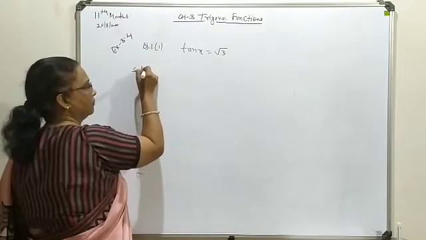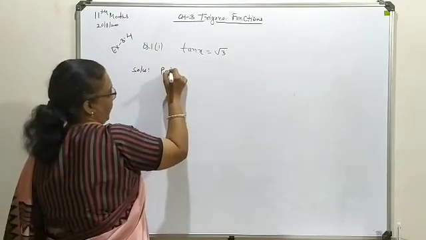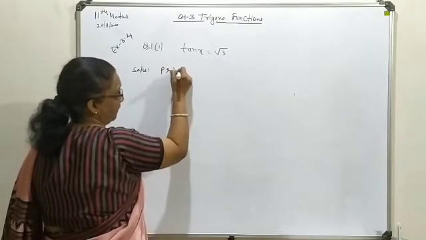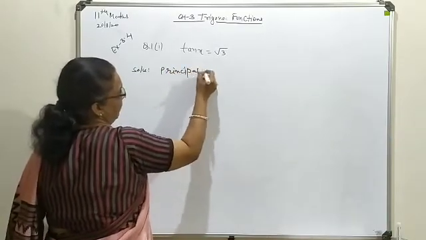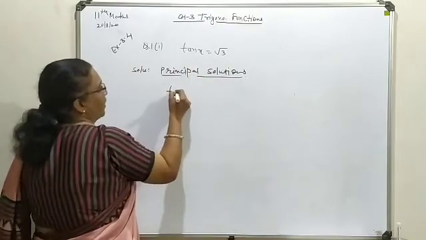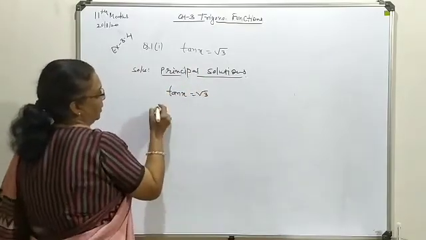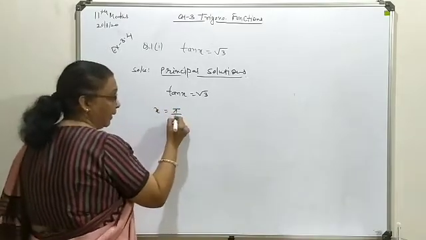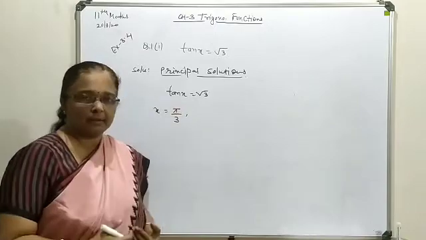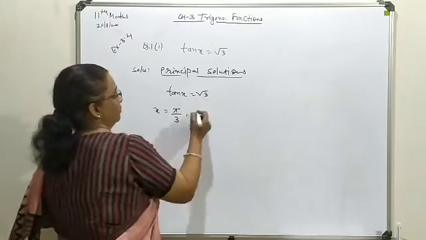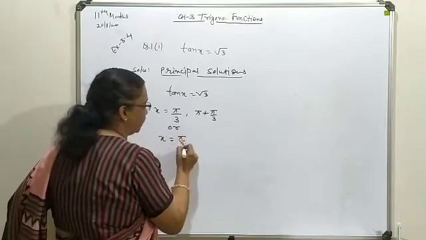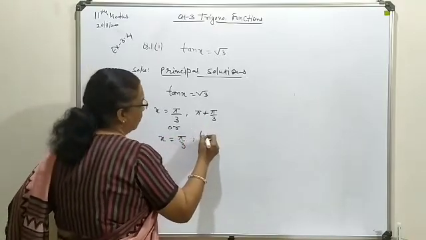first we will go for writing with respect to this tan x, this x may carry first value pi by 3, means 60 degrees, and the other one, since tangent is positive, is possible in your third quadrant, so it will be pi plus pi by 3, or it can be expressed as x is equal to pi by 3 and taking LCM, it will be 4 pi by 3.